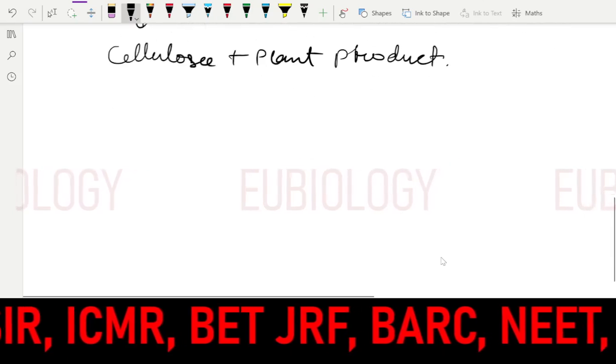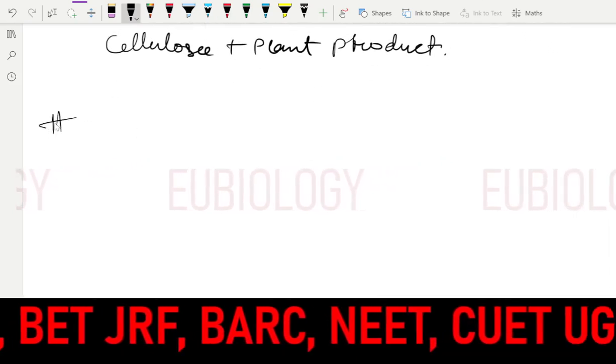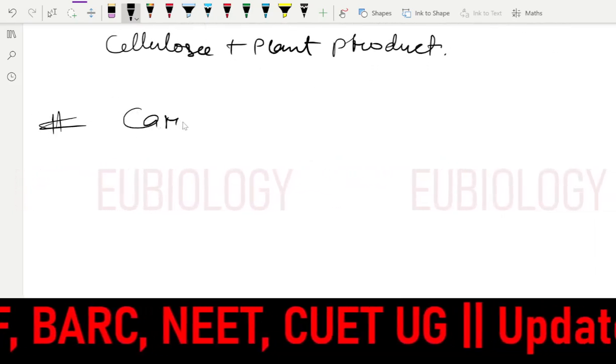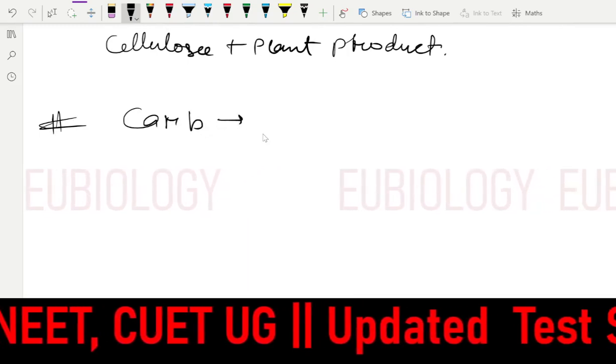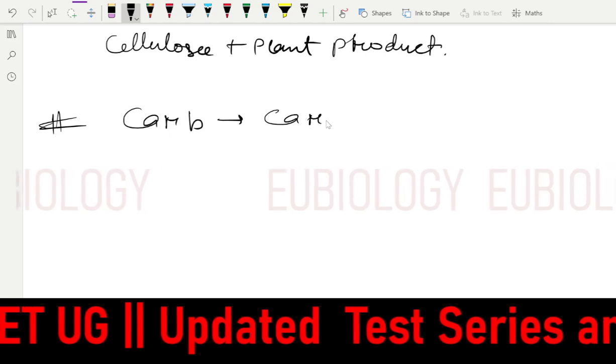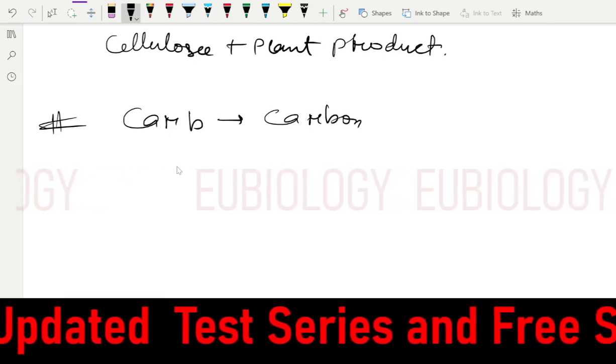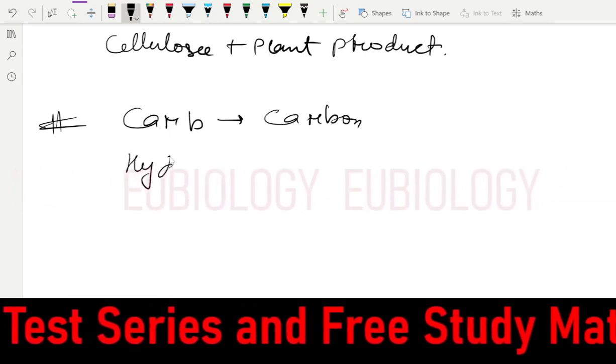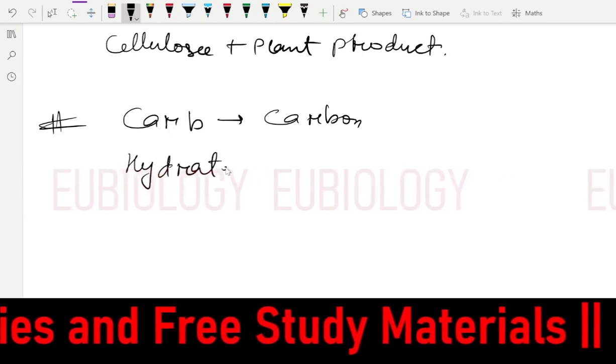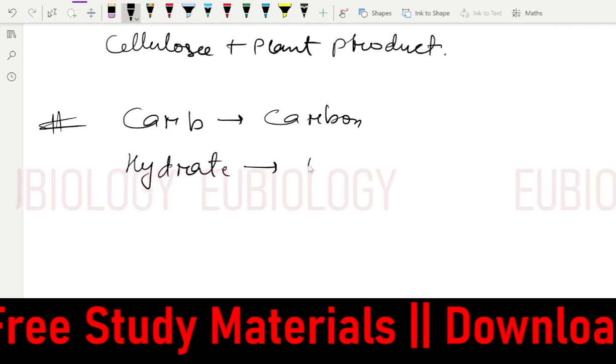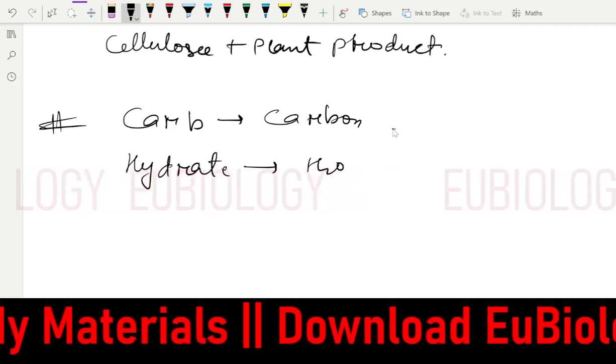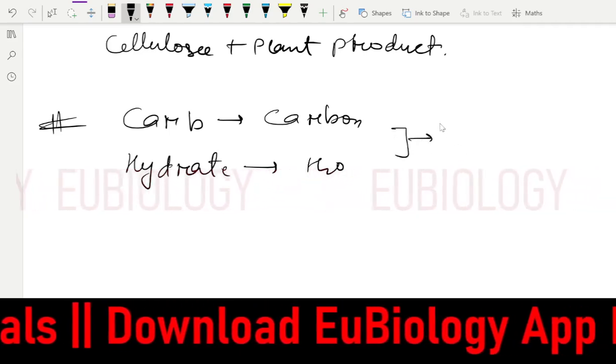The term carbohydrate comes from carbs. What does it mean? Carbon, definitely. And hydrate, what does it mean? There will be water. What will they form? They will form two types of compound.